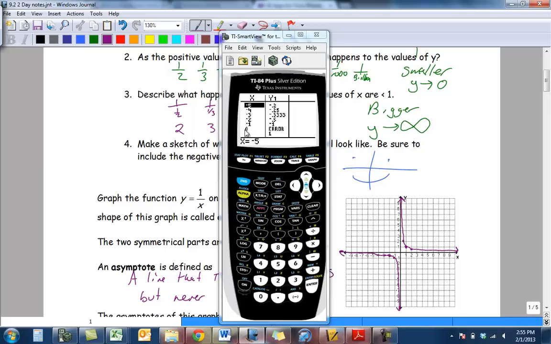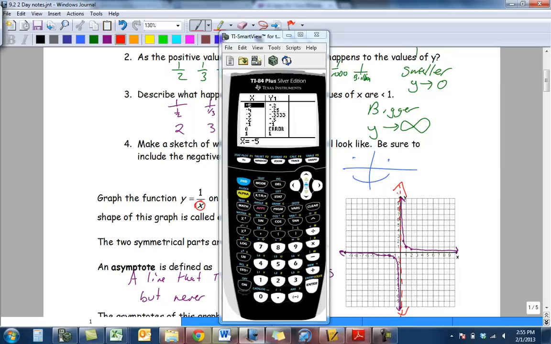Now look at this. At 0, it says there's an error. Why is there an error when x is 0? Well, it goes back to here: 1 divided by 0. You can't put 0 in the denominator. So what that means is that x is not allowed to be 0. There is a vertical asymptote here. X cannot be 0. That's why this graph approaches the y-axis but never crosses it.